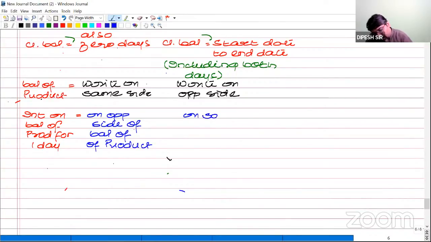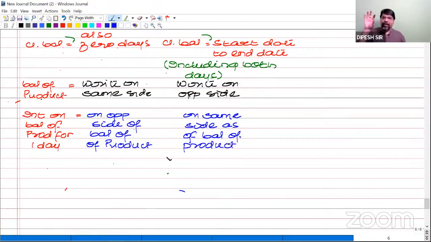Over here, on same side. As of now, if balance of product is coming over here on credit side, you will write it on debit side. So interest will also come on same side. Okay, logically, if you see, both is happening same place. In the first, balance of product comes on credit side, then interest on debit side.